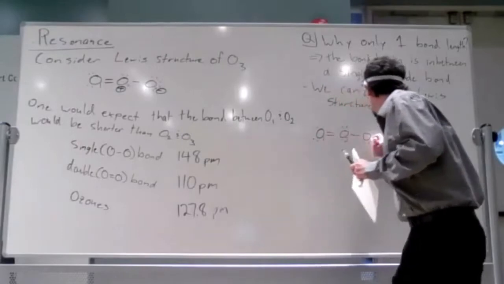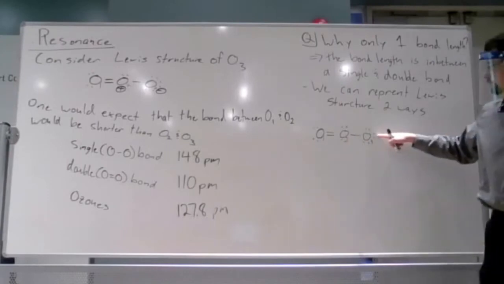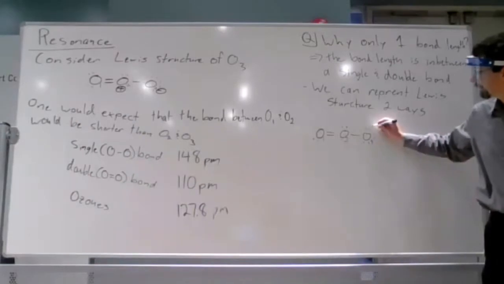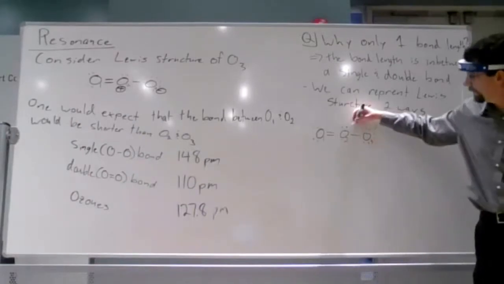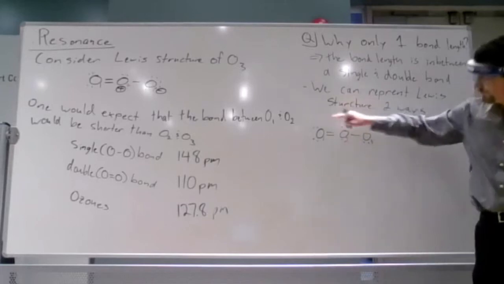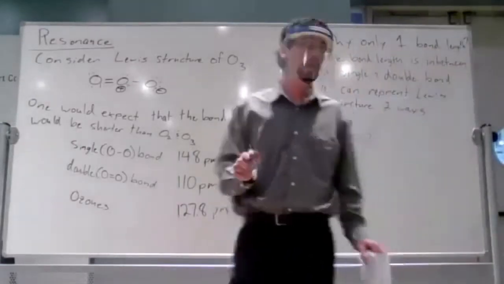One, two, three. What am I forgetting on this? Yep, formal charge on number 3. Yep, number 2. Yep, 1, 0. You need formal charges to be a correct Lewis structure. Keep that in mind for the exam, okay?